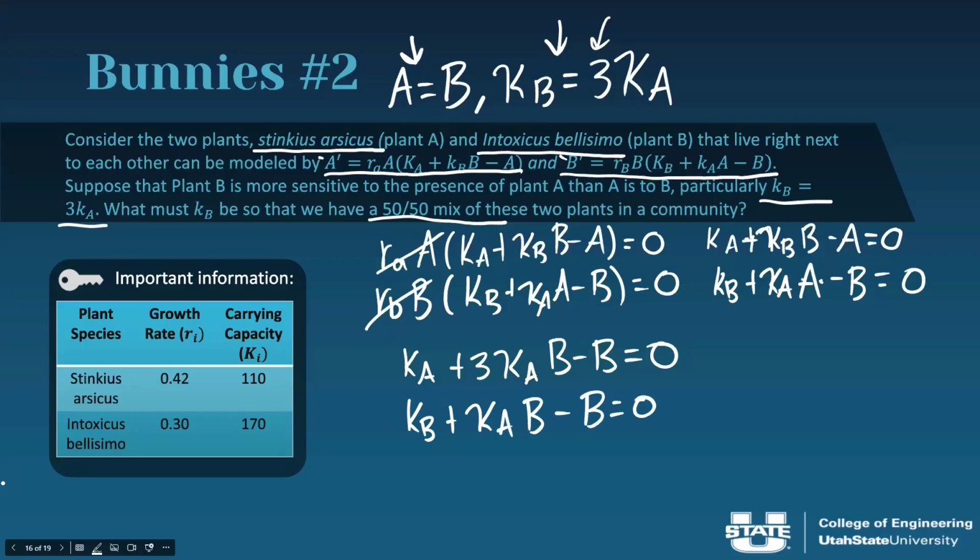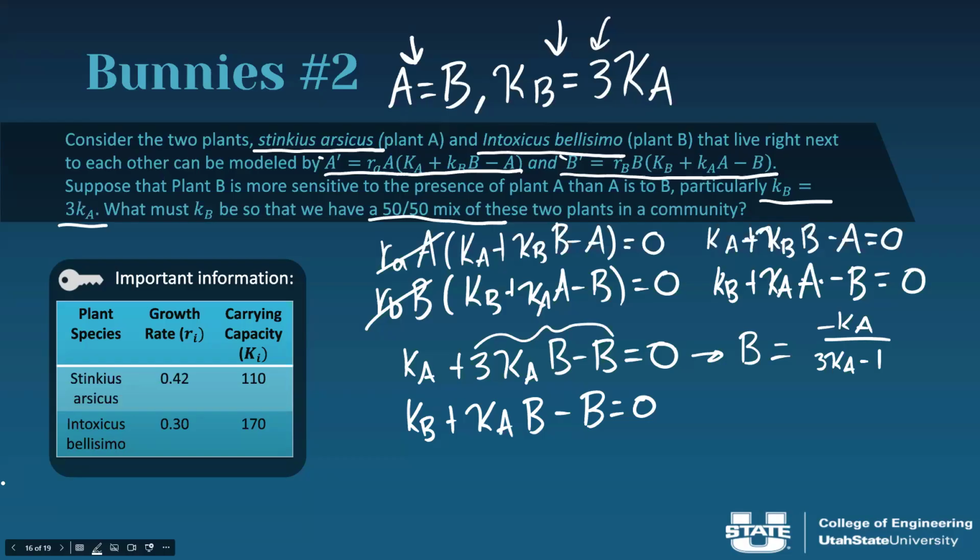It does look traumatizing. So now I'm going to solve these equations in terms of B, so I can just set them equal to each other. So this one, we can pull out a B out of these two terms, and we subtract over the Ka, so we get minus Ka divided by 3 kappa A minus 1.